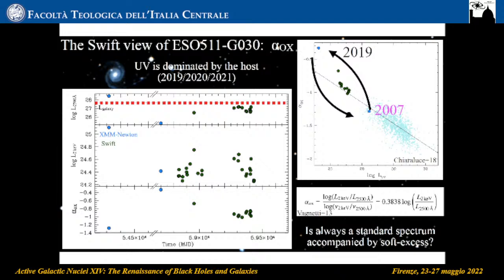And here it's just a way to show that we were dealing with something really variable in the UV more than in X-rays. And up to 2019, the UV emitted by the AGN was galaxy dominated. So the UV from the AGN was not that significant. The galaxy was really leading the UV emission in our case.